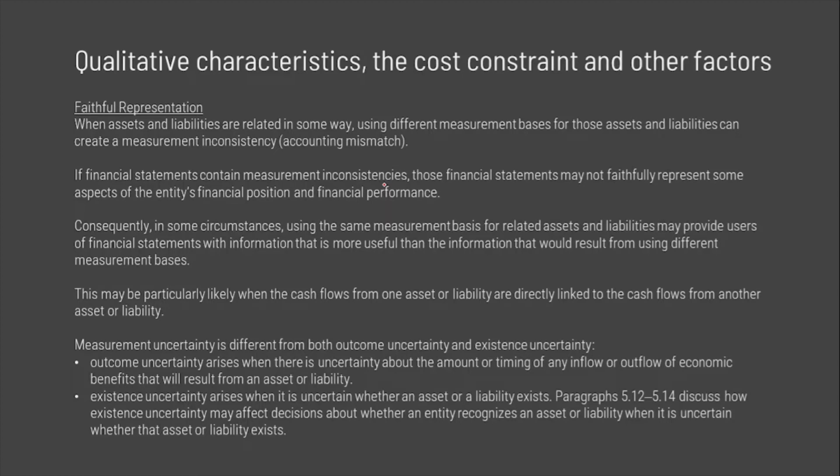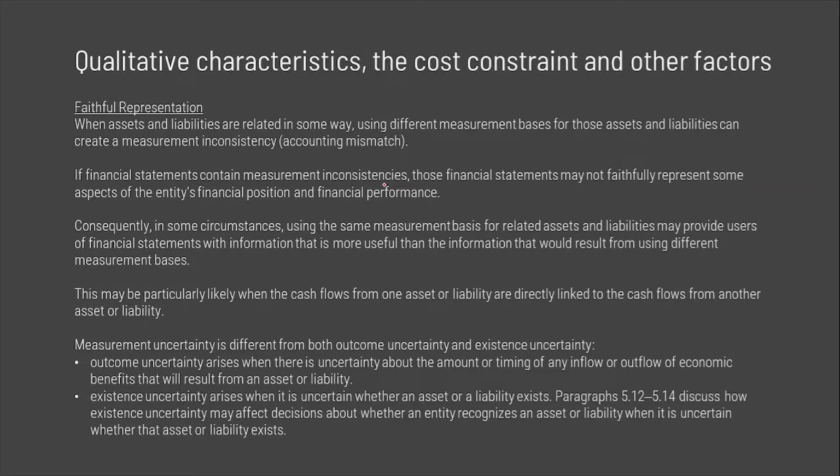Measurement uncertainty is different from both outcome uncertainty and existence uncertainty. Outcome uncertainty arises when there is uncertainty about the amount or timing of any inflow or outflow of economic benefits that will result from an asset or liability. You also have your existence uncertainty, which arises when it is uncertain whether an asset or liability exists.